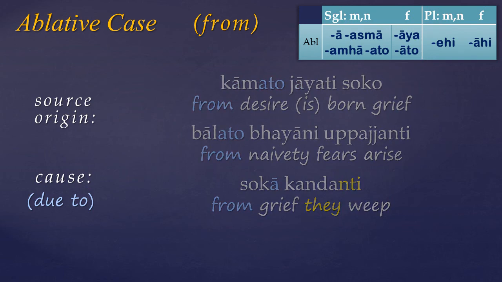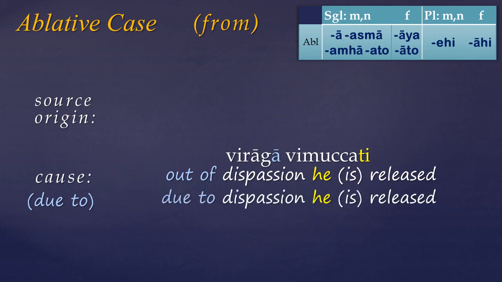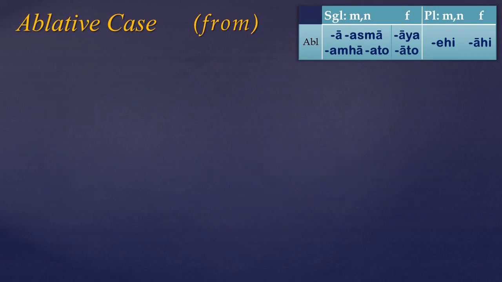So we have to be careful, as for instance, viraga vimuchyati literally means out of dispassion he is released, and means due to dispassion he is released, and not from dispassion he is released. Well, Warder gives several other uses of the ablative, which I'm not going to go into here.